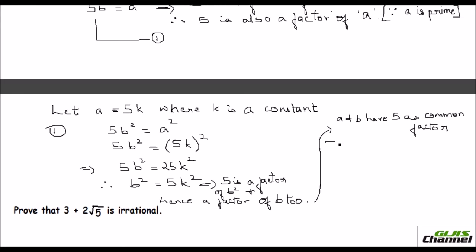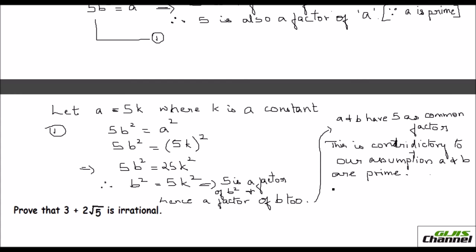So this is contradictory to our assumption that a and b are co-prime. Therefore, root 5 cannot be expressed as a over b. Hence, it is irrational.